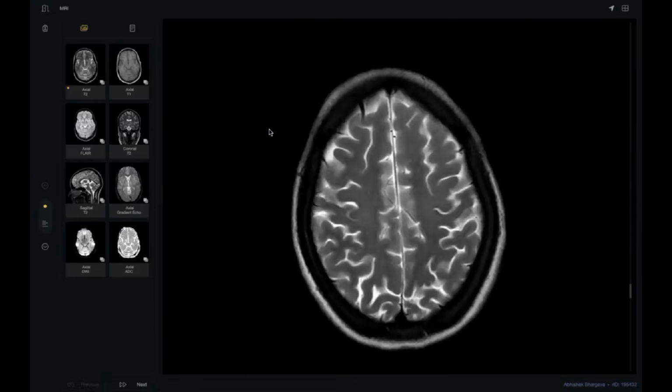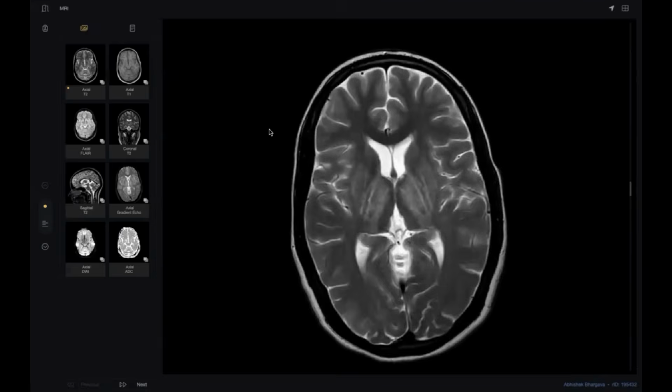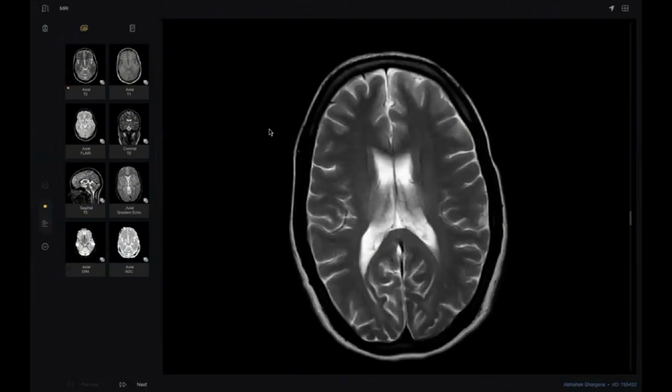Okay. Here, I can appreciate there is bilateral thalamic swelling, which shows low T2 signal intensity. It is compressing the third ventricle, leading to upstream dilatation of the lateral ventricles.